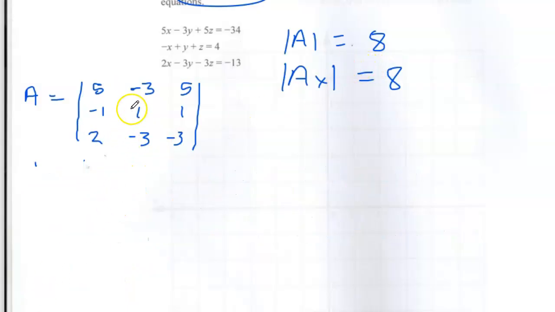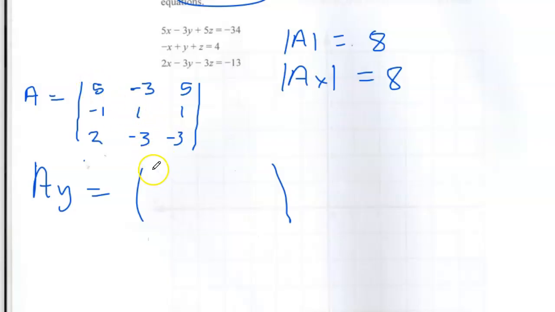Now if you remember how we got the matrix A, it was simply using the coefficients of all the terms on the left hand side. And to get AX, we replace the first column, which represents the X coefficients, with the values on the right hand side. And then to get AY, we replace the second column, which represents the Y coefficients.